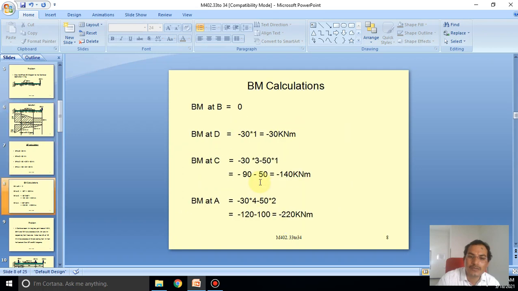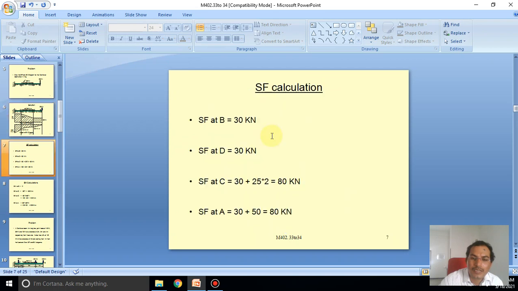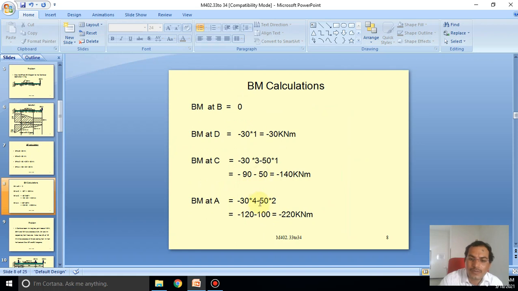So we can calculate that: 50 into 1, and at the point of C, 50 into 1, and 30 into 3 and 50 into 1. Then calculating with that, 90 plus 50 is equal to minus 140 kilonewton.